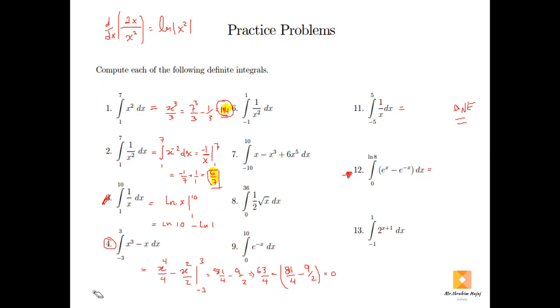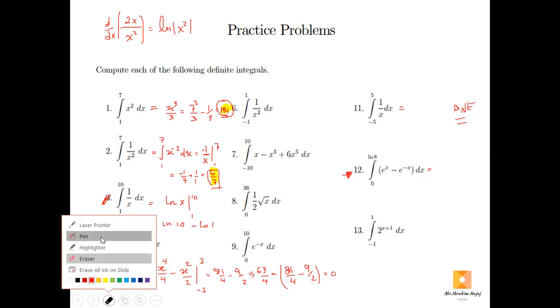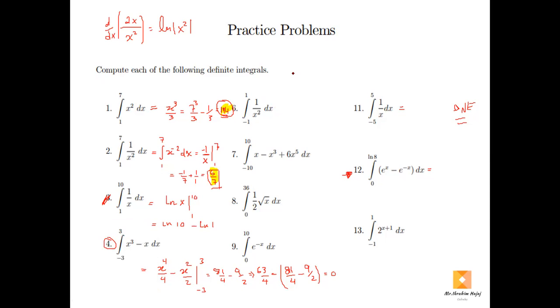Why? Because it's not continuous from -1 to 1, so we cannot apply the fundamental theorem of calculus. So 6 and 11 are not continuous between negative and positive because there is 0 in between.